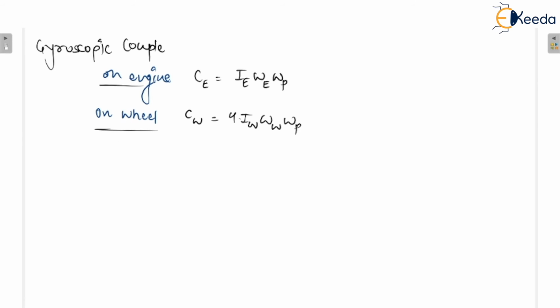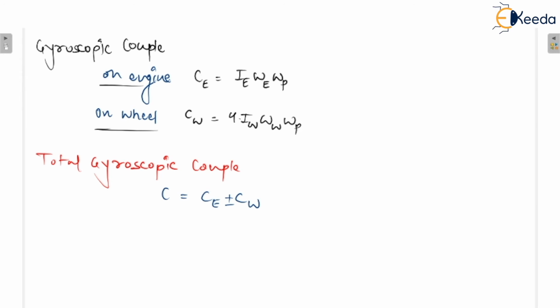Now what would be the total gyroscopic couple? If you want to calculate the total gyroscopic couple, C would be equal to CE plus minus CW.